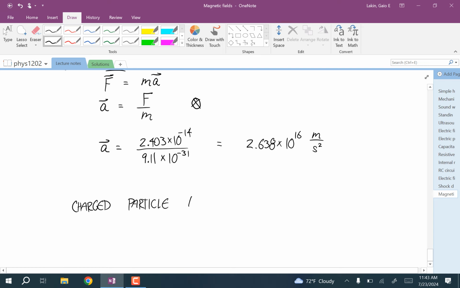So we're going to talk about a charged particle that's moving perpendicular to a constant magnetic field over time.